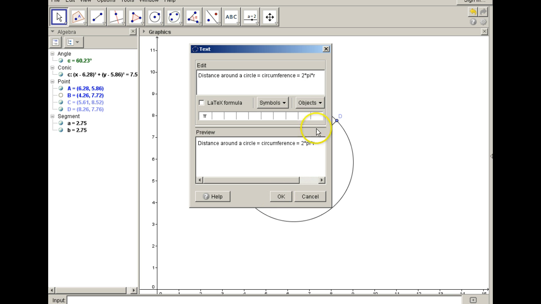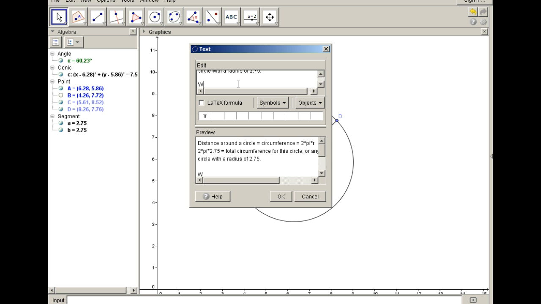In this case, I've got my radius defined here as 2.75. So I'm going to go 2 times pi times 2.75. That would be my total circumference for this circle, or any circle with a radius of 2.75, right?